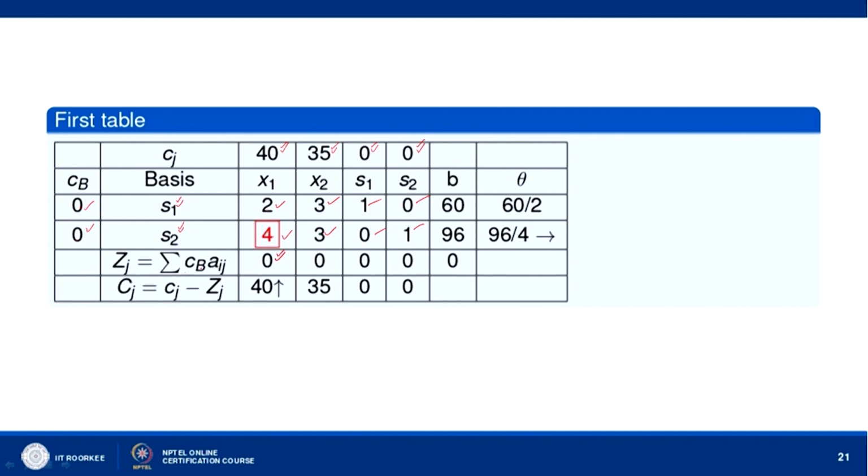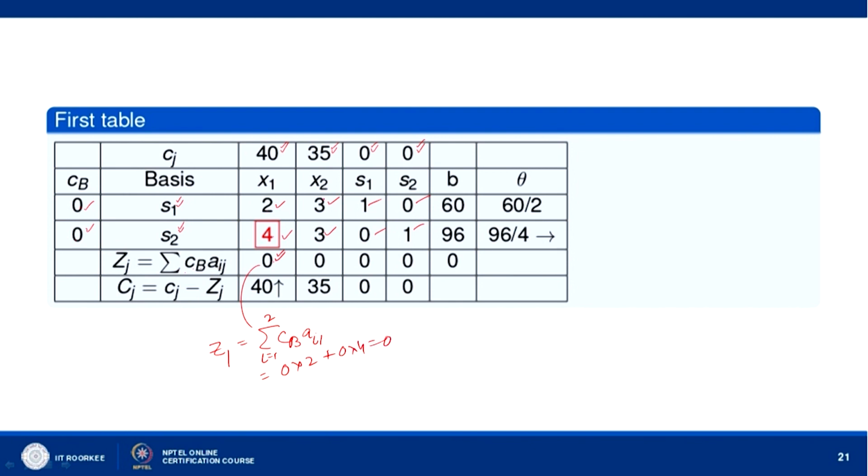So, sigma Cb Aij means sigma Cb into Ai1, the first column, where i takes values from 1 to 2. Zj means Z1, the first column. So, Z1 is equal to 0 into 2 plus 0 into 4, we get 0.